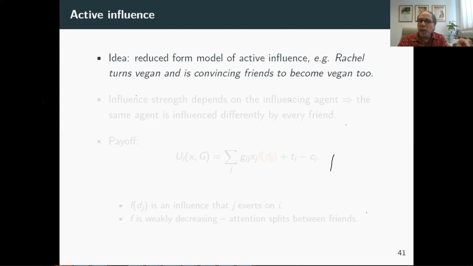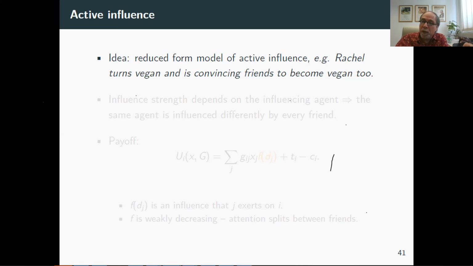It means that it's not that I'm looking at my friends, but my friends come to me and convince me. And the decision is on the side of the active person. And the active person is also diluted, because he maybe has only a fixed amount of time to discuss with friends, and the more friends he has, the less he can convince each player separately. So that's the dilution.